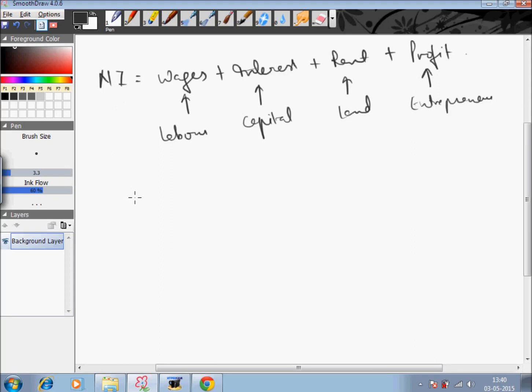But in the modern economy, it is very difficult to make a distinction between land and capital on the one hand, and between ordinary labor and entrepreneur on the other hand. So for simplifying it further, national income is supposed to originate from just two factors of production, labor and capital.